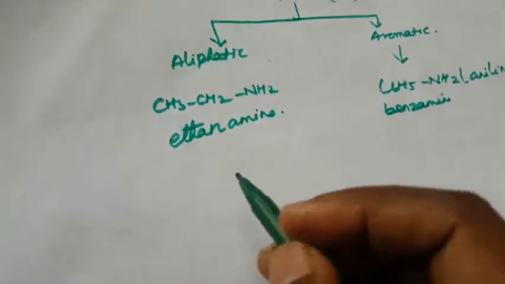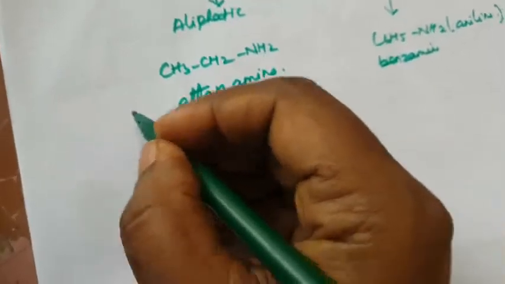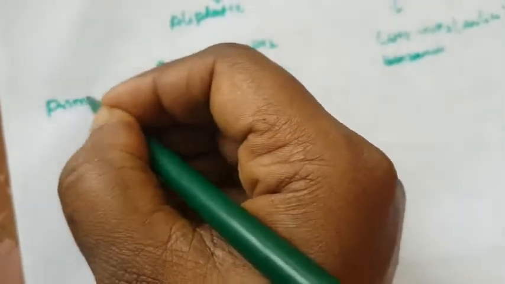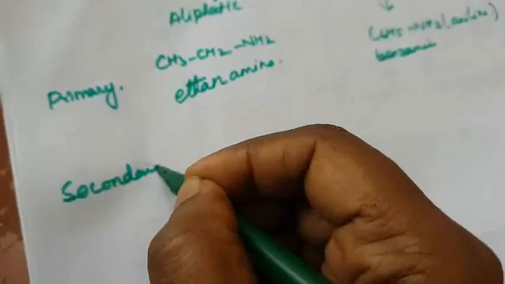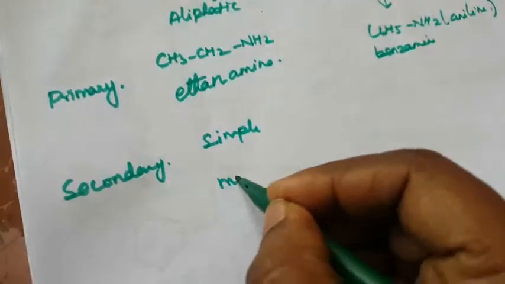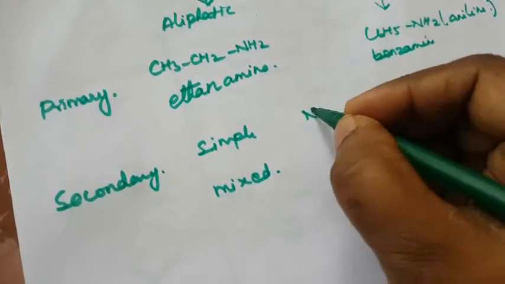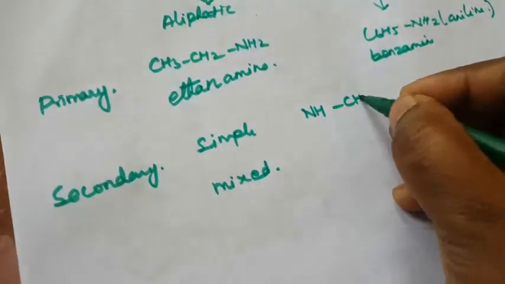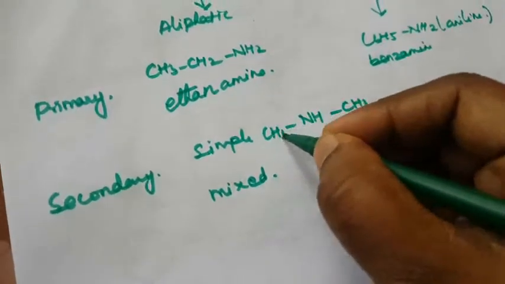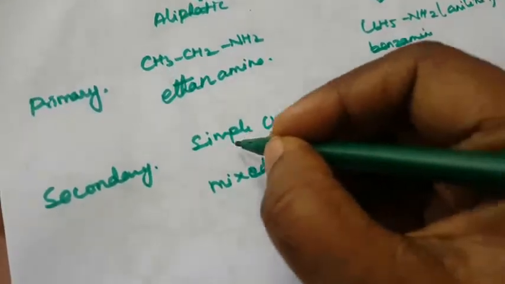Another one is secondary amine. The previous one is primary and the next one is secondary. Secondary is again simple and mixed. What is meant by simple and mixed? Simple means both sides have the same group. So NH with CH3 here and CH3 here is N-methylmethanamine.